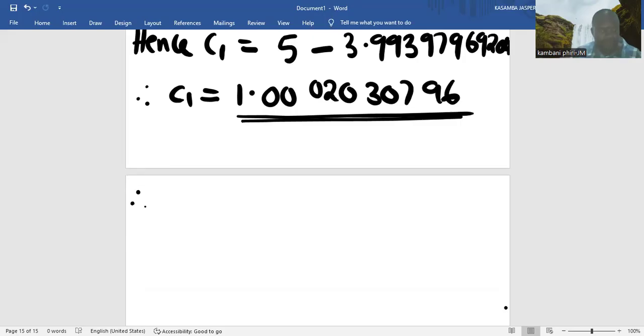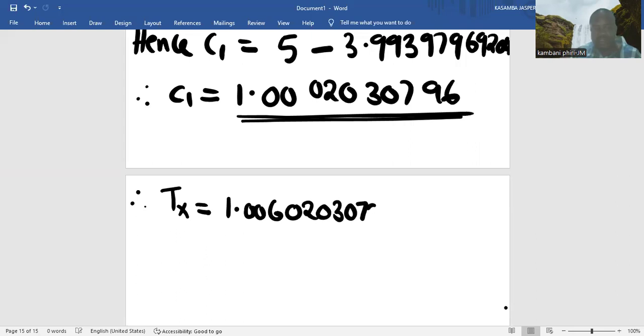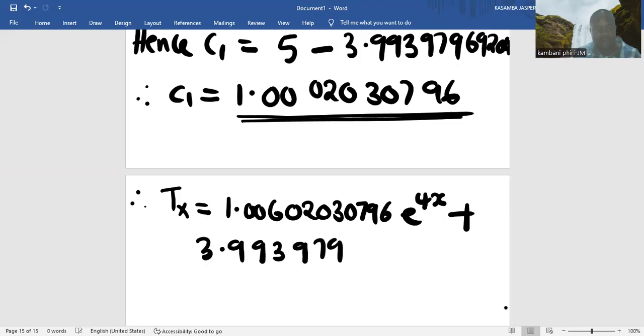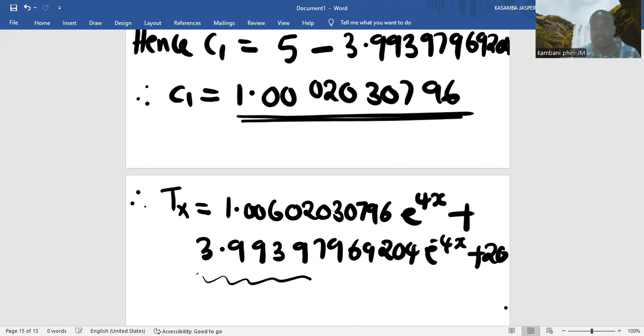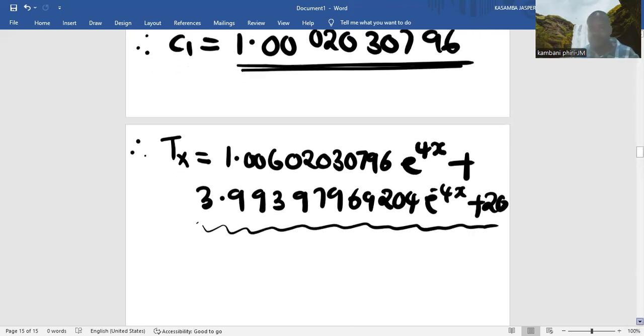T of x is equal to 1.0602030796 e to the power 4x plus 3.993979692.04 e to the power negative 4x plus 20. This is our general solution.